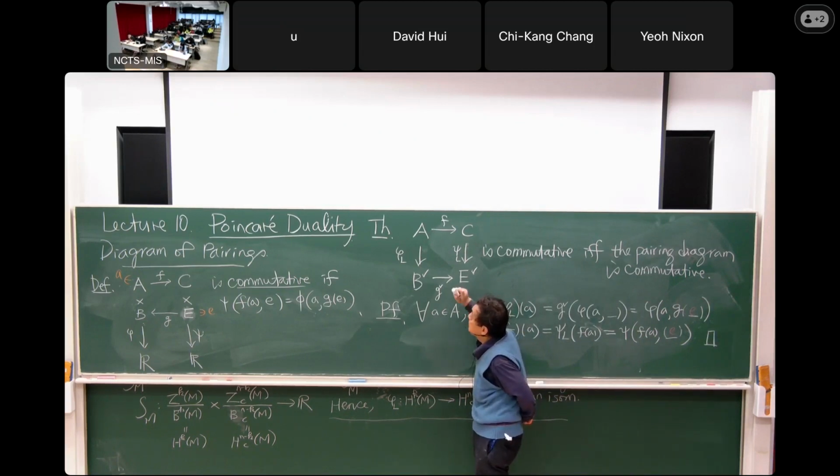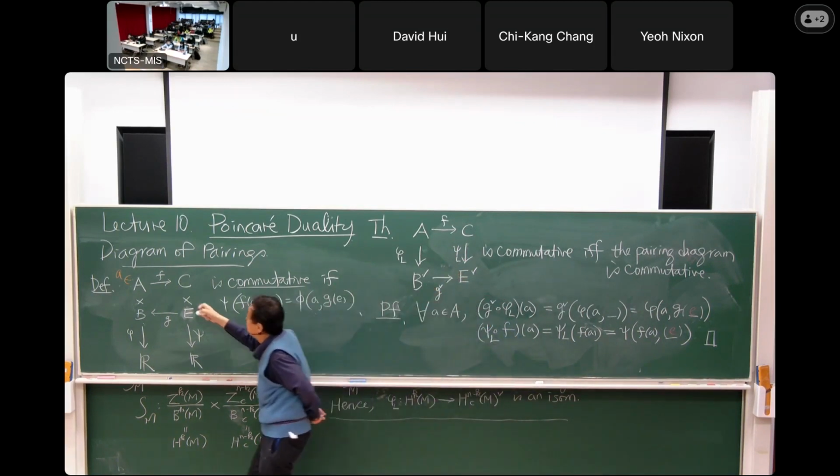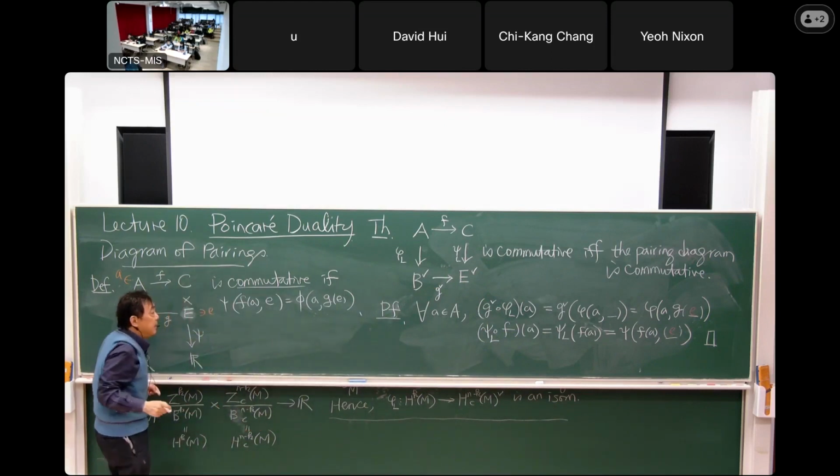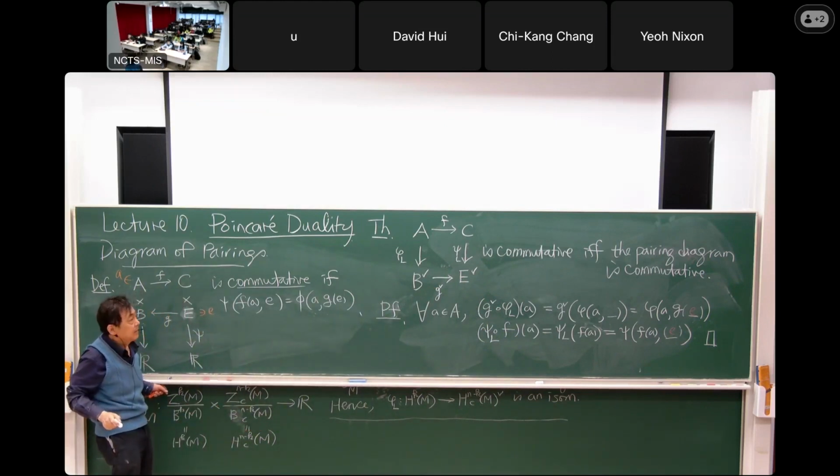So instead of checking that a diagram of vector spaces is commutative, we can check that a diagram of pairings is commutative.